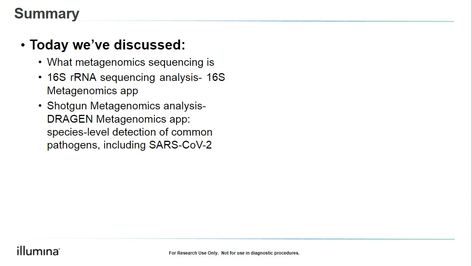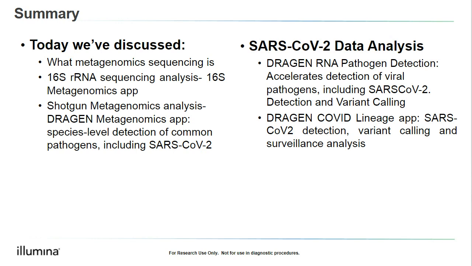For SARS-CoV-2 data analysis, we talked about 2 apps. The first one is DRAGEN RNA Pathogen Detection. This one will detect viral pathogens, including SARS-CoV-2 detection and also variant calling. And the next app is the DRAGEN COVID Lineage App. This app will detect SARS-CoV-2, perform variant calling, and surveillance analysis.